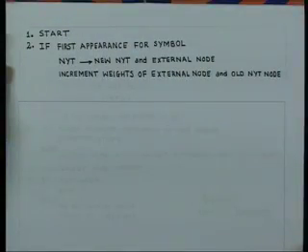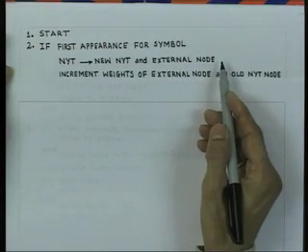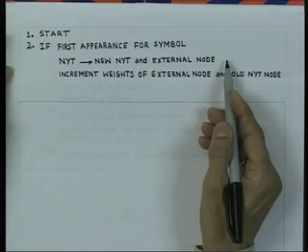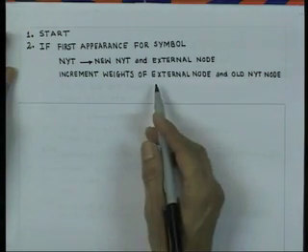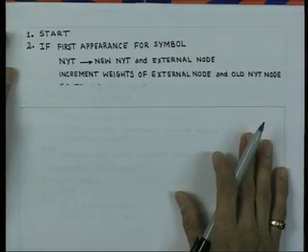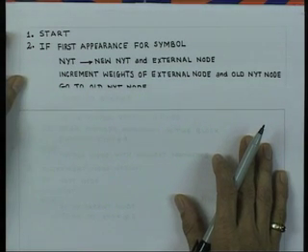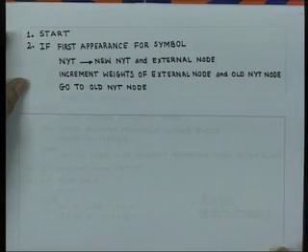If it is the first appearance for the symbol, then the NYT node degenerates into a new NYT node and an external node corresponding to that symbol. Then you increment the weights of the external node and the old NYT node. The next step is to go to the old NYT node and then jump to check whether it is a root node.